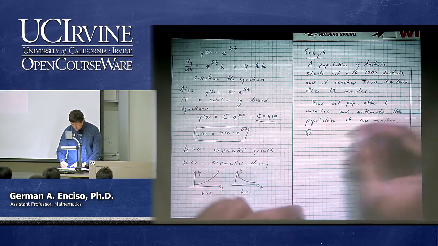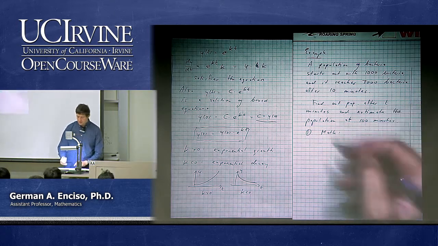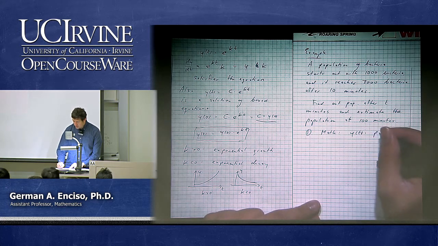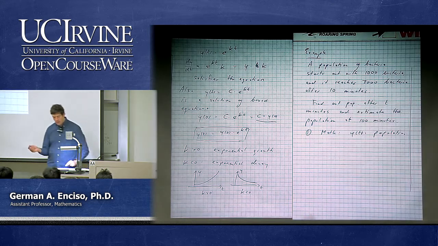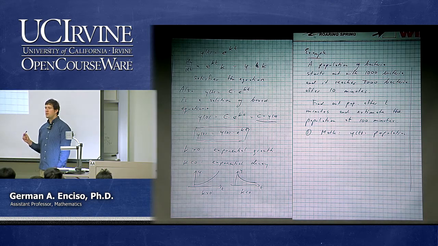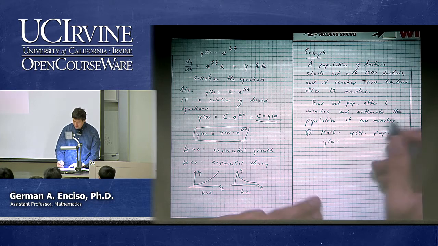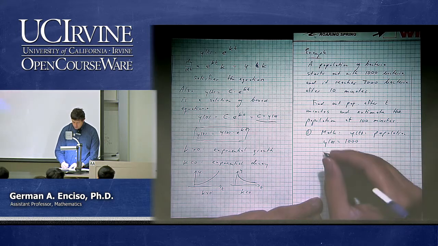So let's write it like this. Turn into math. So how do we turn into math this text over here? Well, once again, y of t is the population of bacteria. What do we know about y? Can we write that in an equation? Do we know the initial population, y of 0? Yeah, that's easy. So y of 0 is equal to 1,000. Okay, what else do we know?